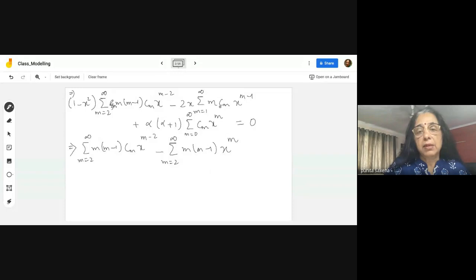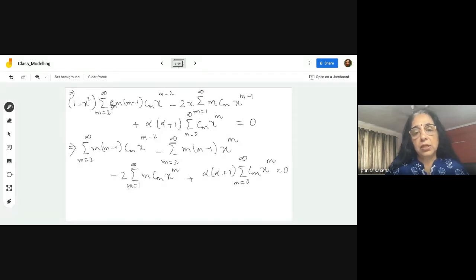Similarly, the third term will be simply minus 2 summation m c_m x^m, m from 1 to infinity, plus alpha(alpha plus 1) summation c_m x^m, m from 0 to infinity, equal to 0.